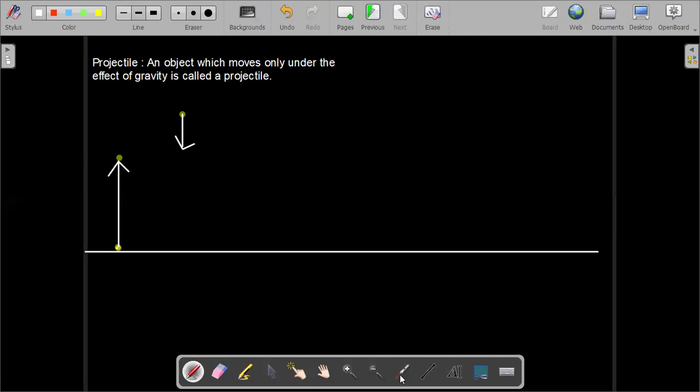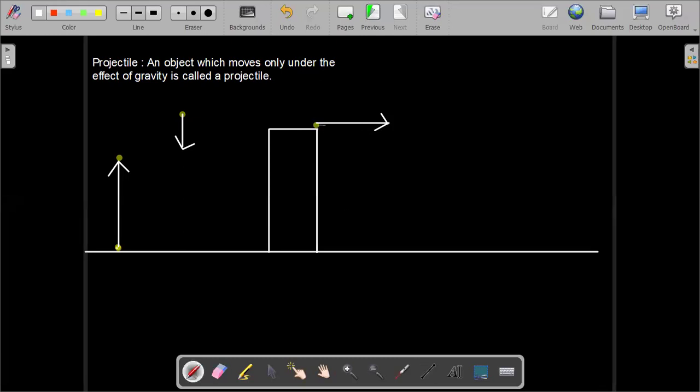Then we can have a horizontal projectile. Suppose you stand on a building, and from this building you throw a ball horizontally. You kick a ball horizontally from here with a certain velocity.